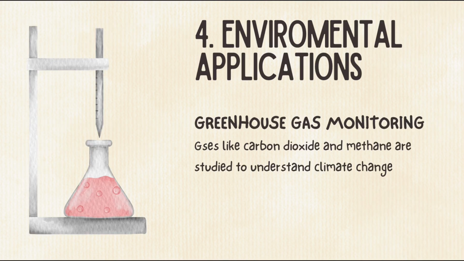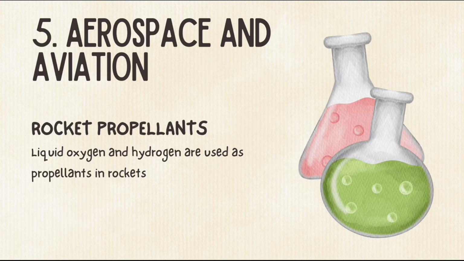The fourth one is environmental applications. Greenhouse gas monitoring is one of the applications. Gases like carbon dioxide and methane are studied to understand climate change. The fifth one is aerospace and aviation, such as rocket propellants.